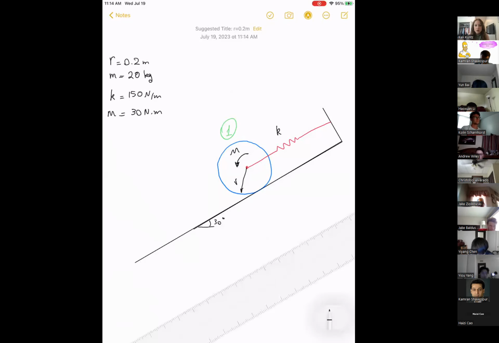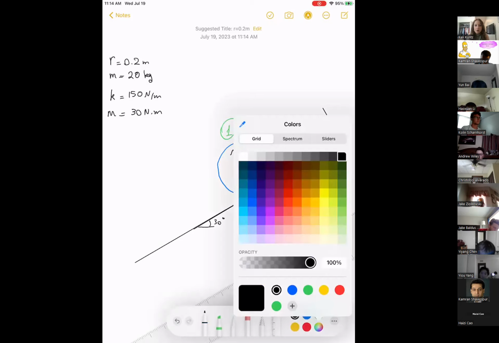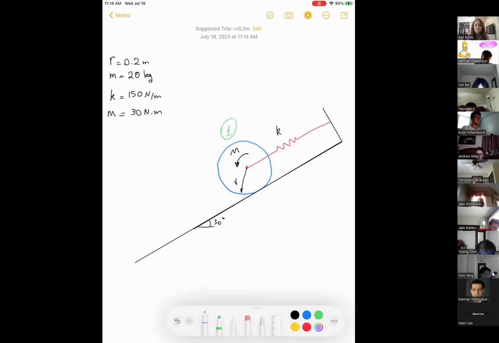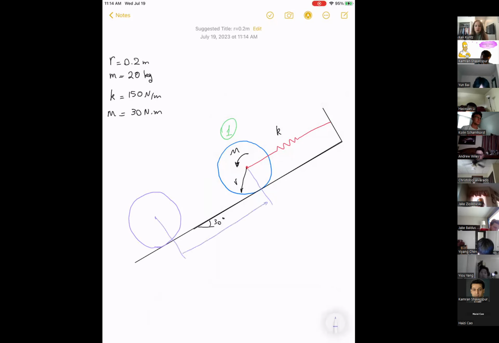Okay, so the disk is going to move somewhere here and it stops. Okay, this is the distance. Let's call it D, the distance it's going to go before it stops. So is the physics of the problem clear?